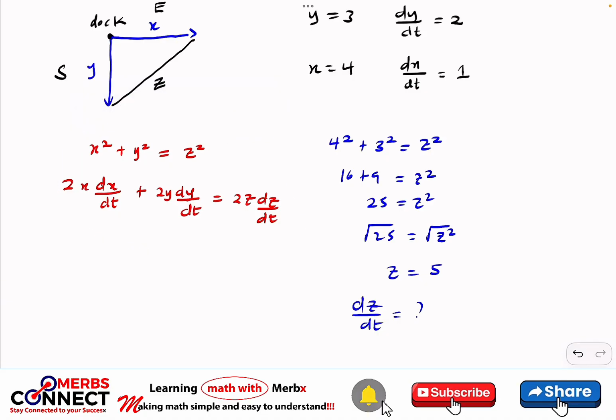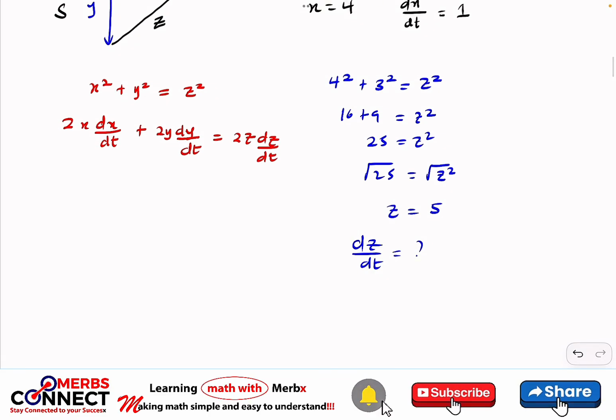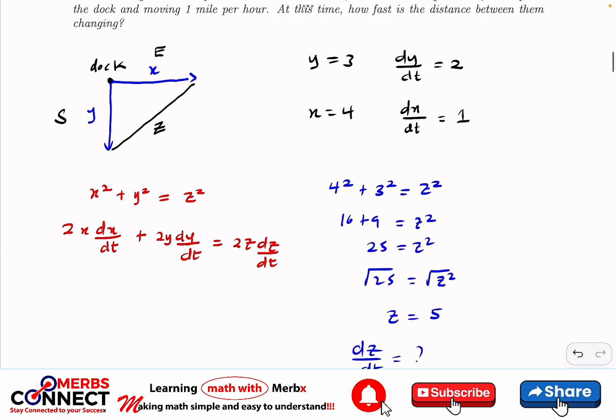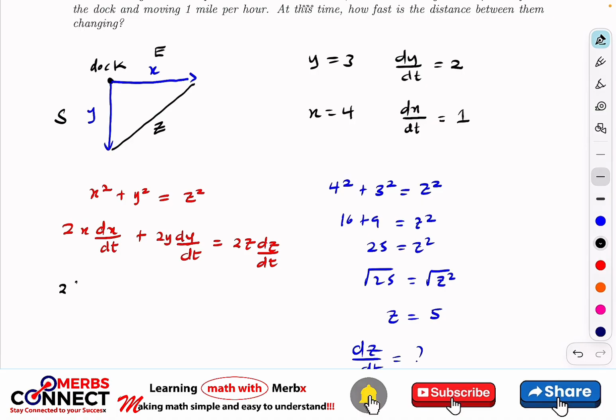Nice. Now we just need to do direct substitution. I have x, I have dx over dt, I have y, I have dy over dt, and I have z. So the rest is just substitution. This is going to be 2 times 4 times 1 plus 2 times 3 times 2, which is equal to 2 times 5 dz over dt.